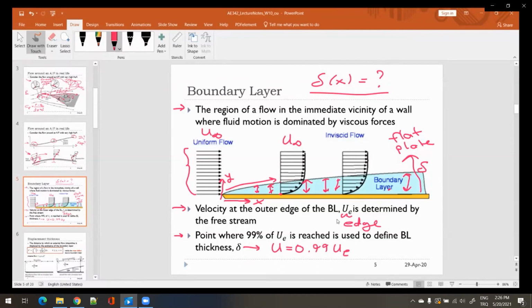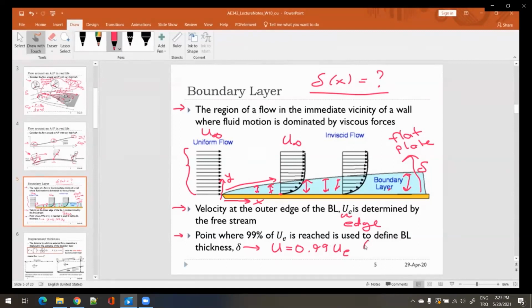Now, for a flat plate problem, this edge velocity is basically U infinity. But for an airfoil problem where U infinity may be changing, UE will also be a function of x, but we will come to that later.